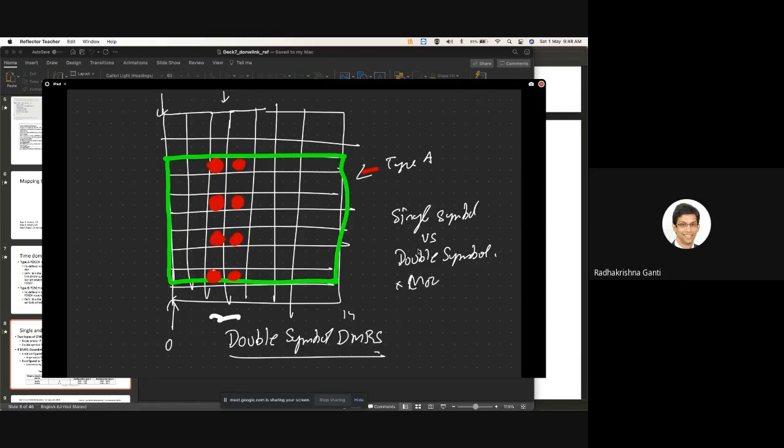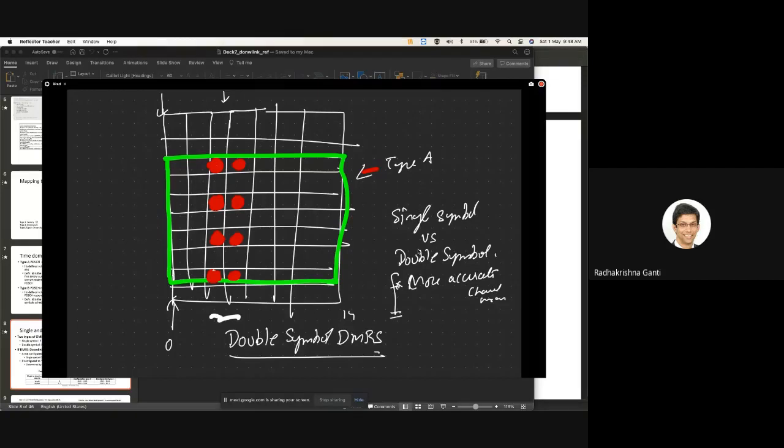Okay. So one advantage is more accurate channel measurement. At this point, I'll also talk about something else. That's one correct point. What about any other reason why there's a double symbol DMRS? Let me tell you one more interesting reason.